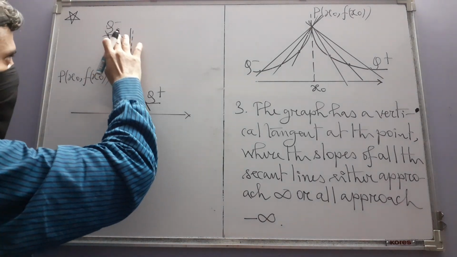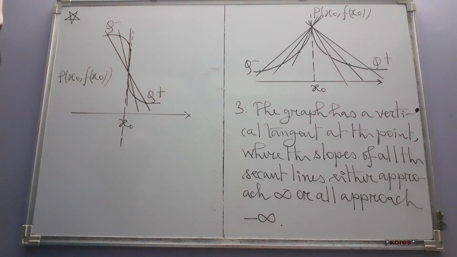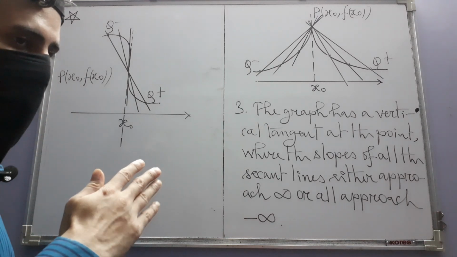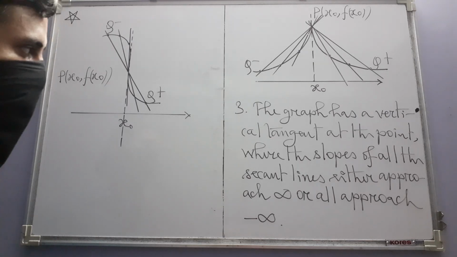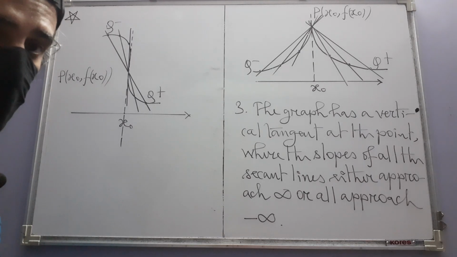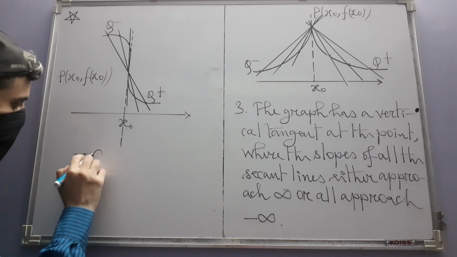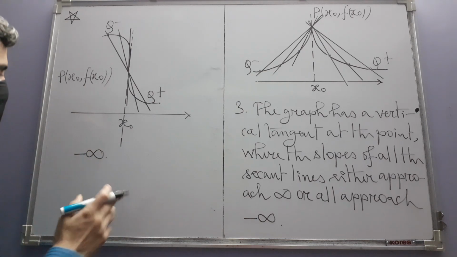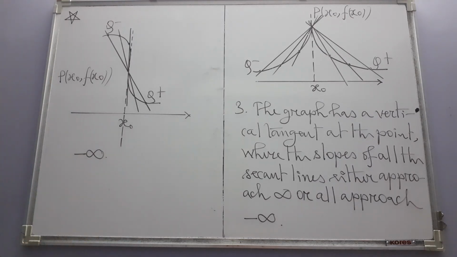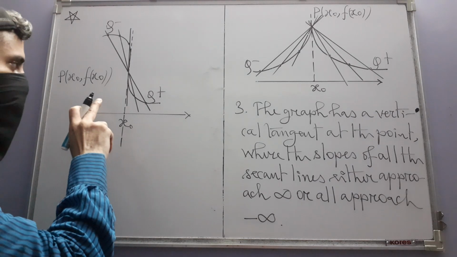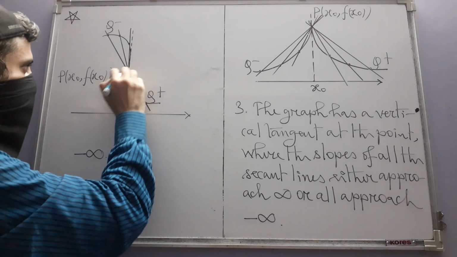And as you move Q towards P, either from this side or from that side, that negative slope is increasing in the sense that it's increasing in absolute value. So it's becoming more and more negative. All the secant slopes are approaching minus infinity. And here we have really a vertical tangent to the graph at the point P.